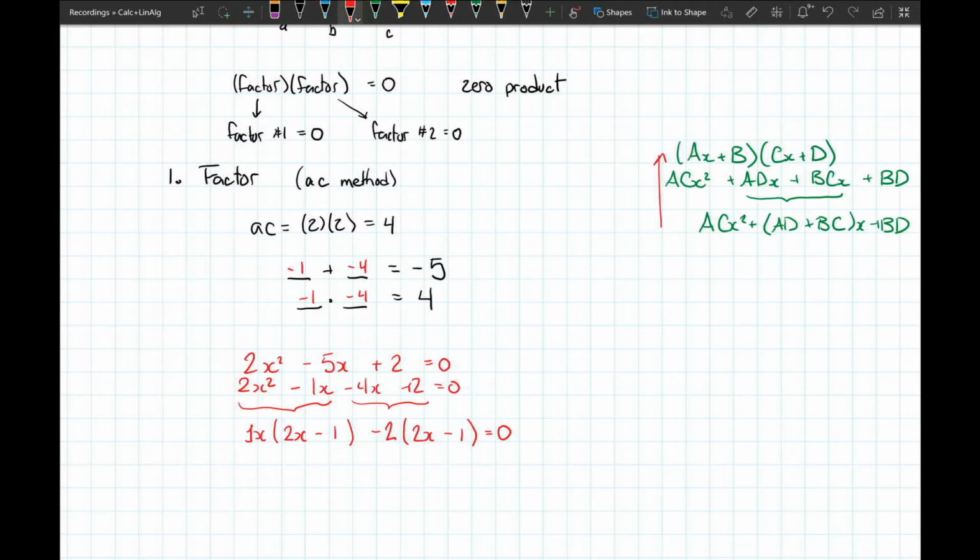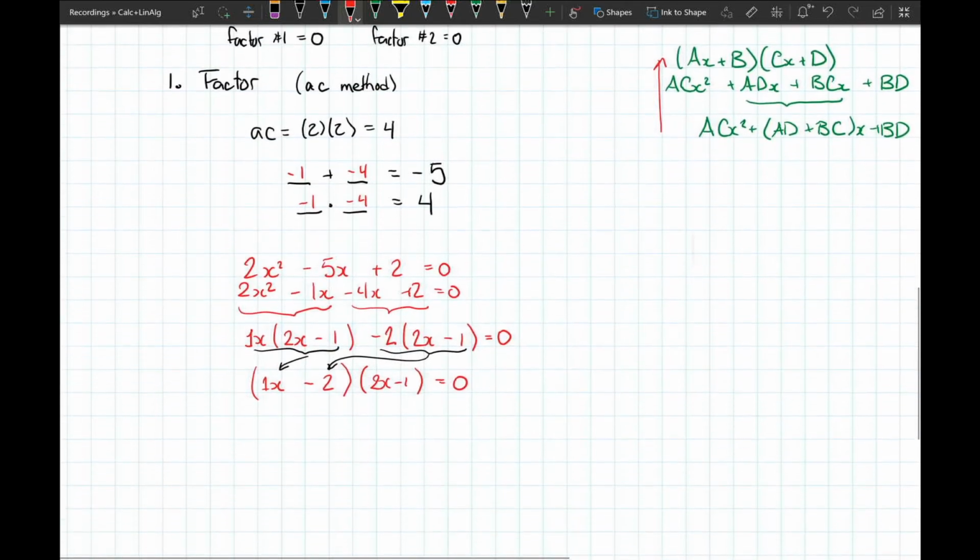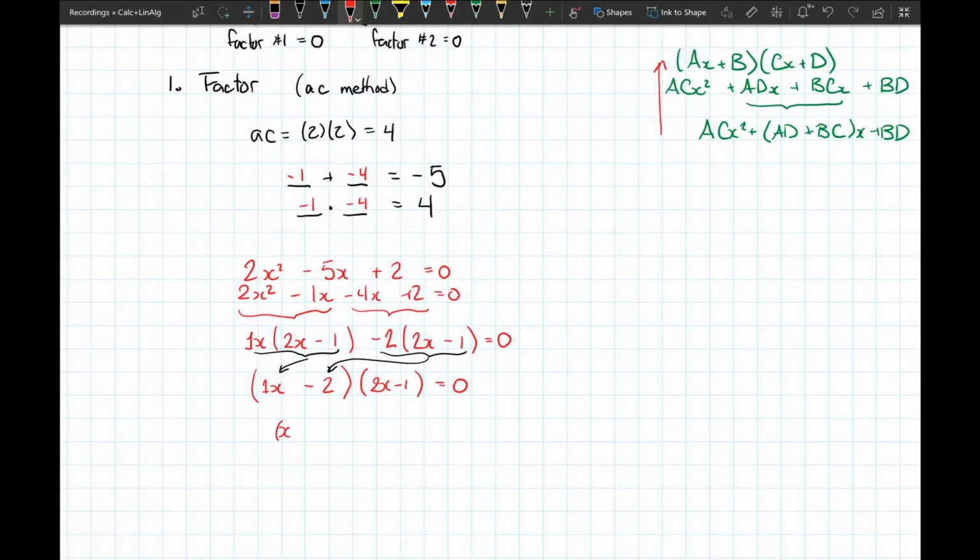And because they both have a common linear factor, 2x minus 1, then we can factor 2x minus 1 out of the two groups. Factoring the 2x minus 1 out leaves us with 1x from the first group, and it leaves us with a minus 2 from the second group. And there you have it. We've actually got this thing factored into (x minus 2) and (2x minus 1).